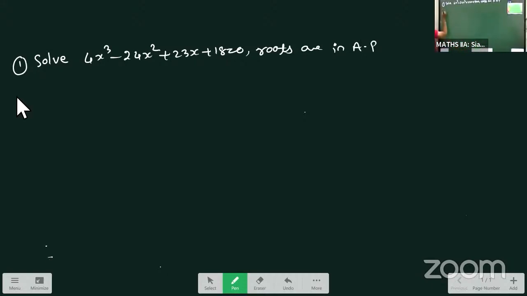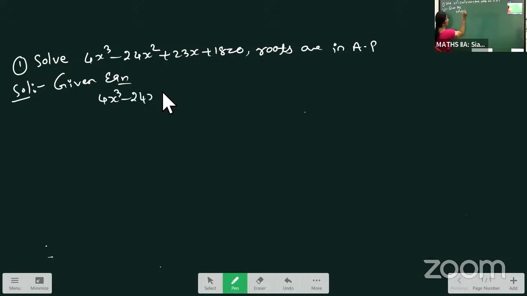So the procedure goes like this. First take the given equation. Given equation is 4x cube minus 24x square plus 23x plus 18 is equals to 0. Now apply the given condition.